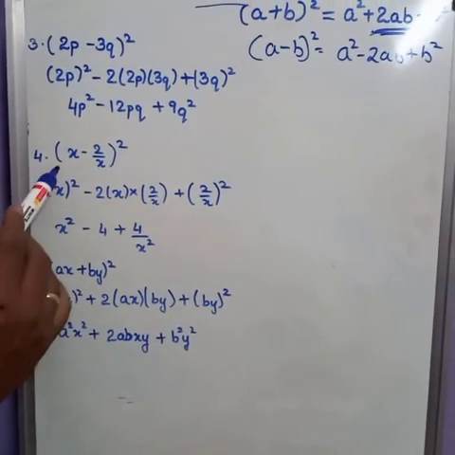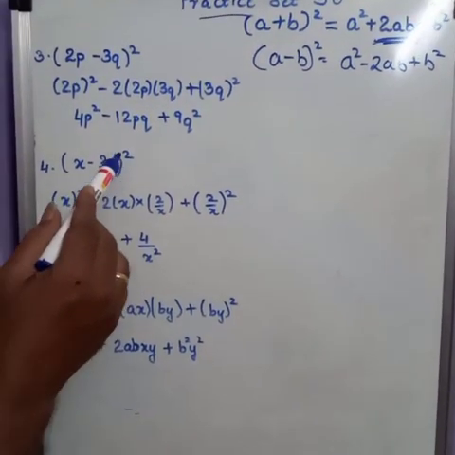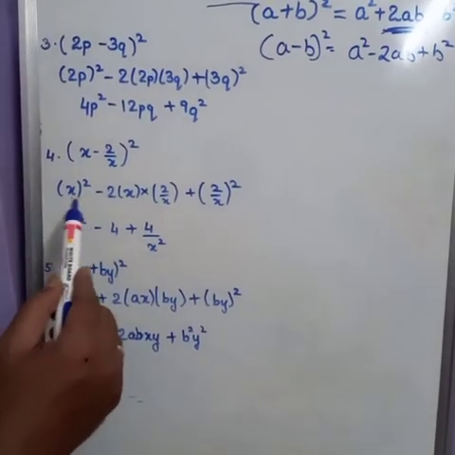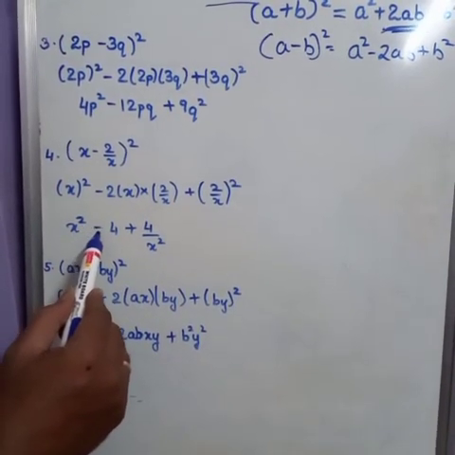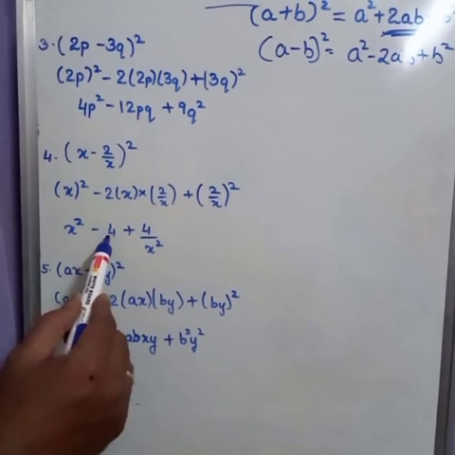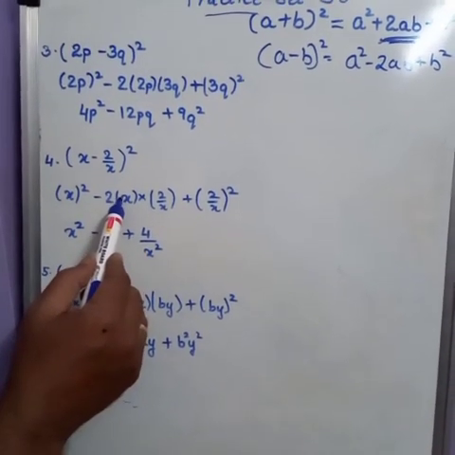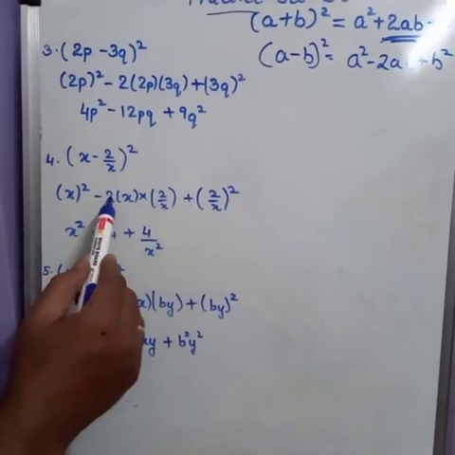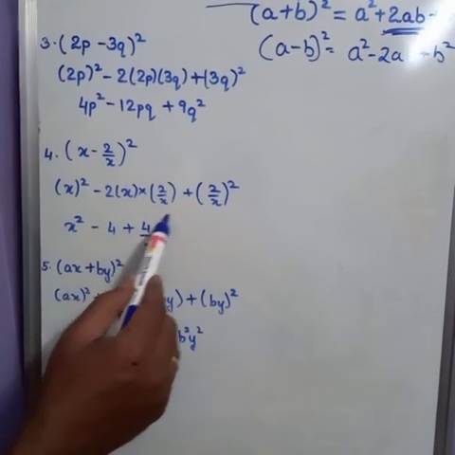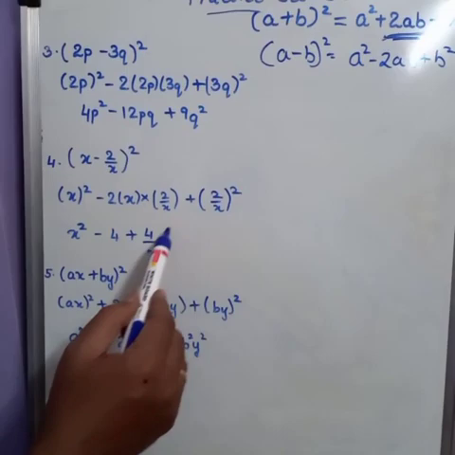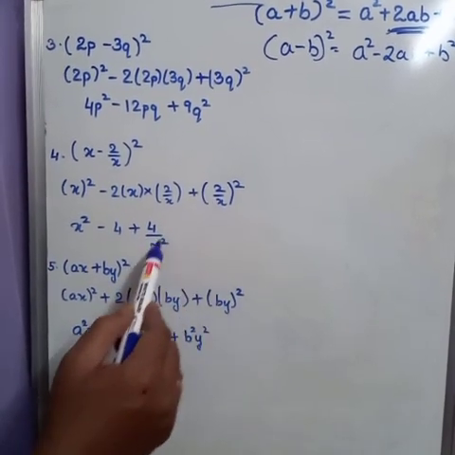The same way the fourth one, (x minus 2 upon x) square. We write it in the expanded form, it is x square minus 4 plus 4 upon x square. Because here in this case, x and x cuts, minus 2 into 2, that is minus 4, plus 2 into 2, 4, and x into x, x square.